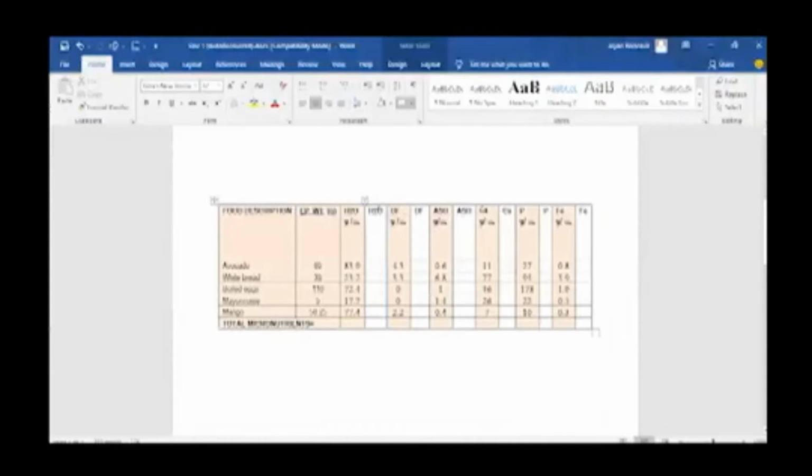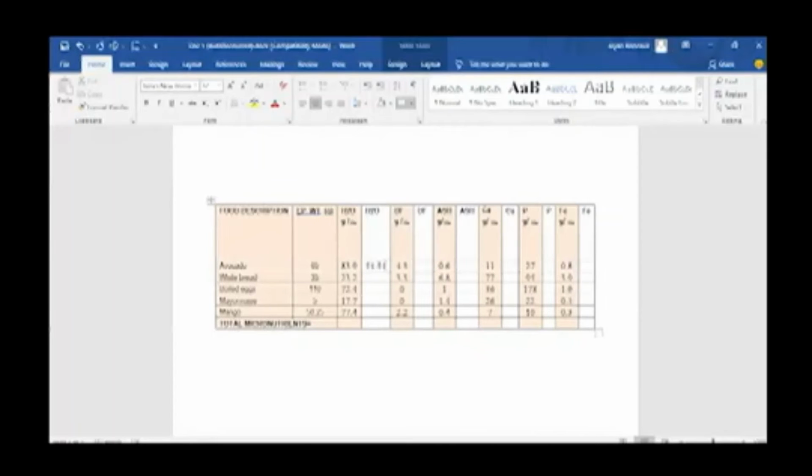So to compute the edible parts of each micronutrient, it's basically the same principle as the macronutrients, in which we multiply the grams per 100 grams to the EP weight and divide it by 100. So for avocado, 83.9 times 65 divided by 100 is equal to 54.54. Then 4.3 times 65 divided by 100 is equal to 2.8.